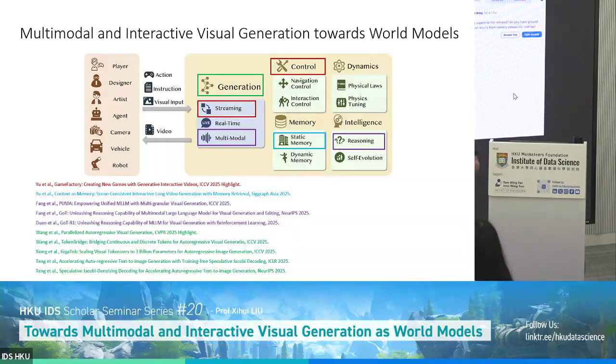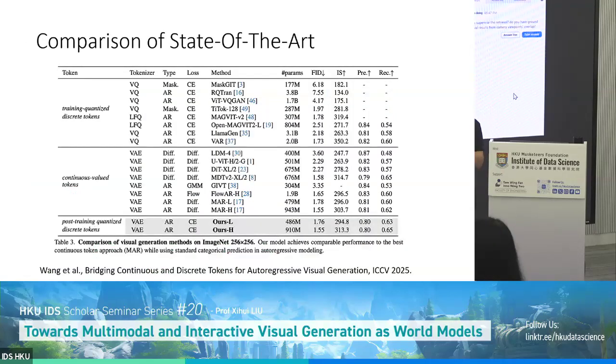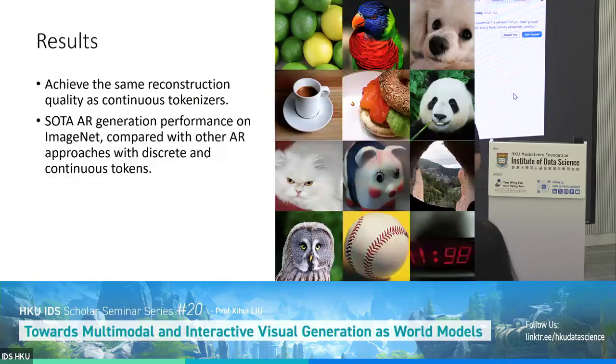Oh, we have a question from the Zoom meeting. How do you supervise the retrieval? Do you have ground truth for the camera viewpoints overlap? Oh, yeah, that's a good question. So for the context as memory, we just use a predefined rule for retrieval, so we do not need any training for the retrieval module.